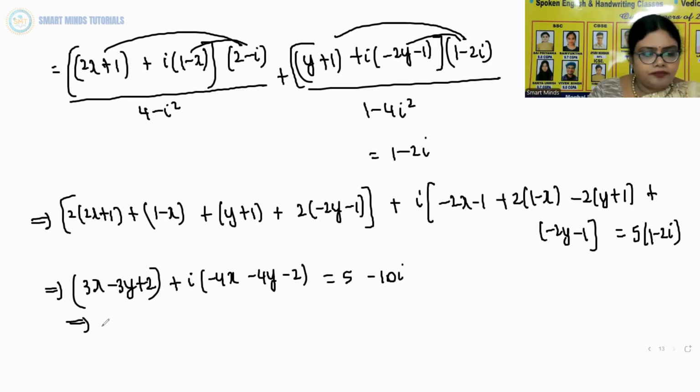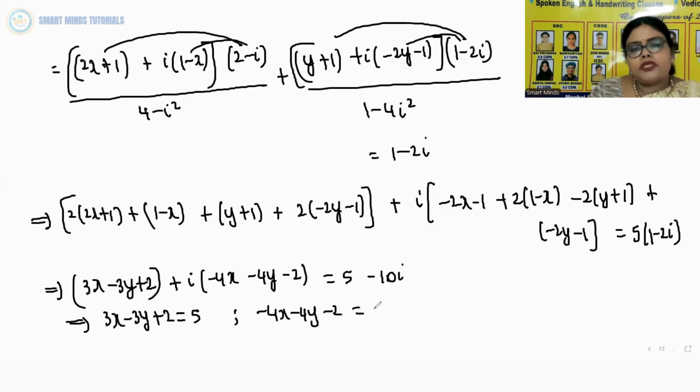So here, if we compare real and imaginary parts, 3x minus 3y plus 2 is equal to 5, and minus 4x minus 4y minus 2 is equal to minus 10. So we get 3x minus 3y is equal to 3, and minus 4x minus 4y is equal to minus 8.